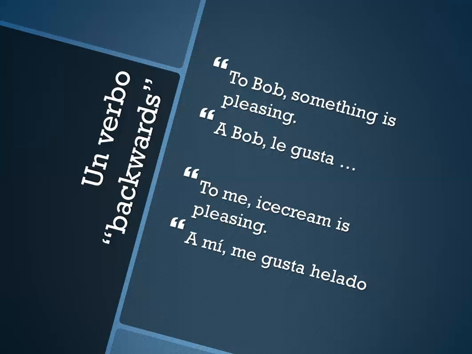So that's why you have the to me, or to Bob, or to so-and-so, because you're always saying it backwards. You're always saying that something is pleasing to so-and-so, as opposed to someone liking something. So you get the same idea as I like whatever, but the way you say it is different. So the thought process behind it is different.